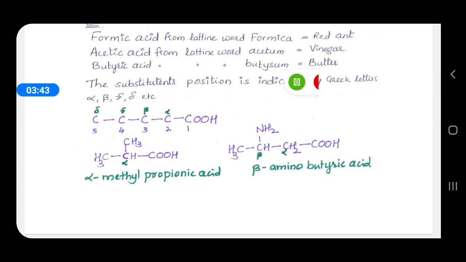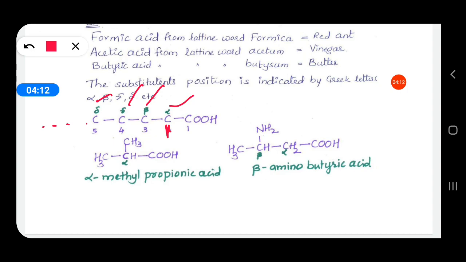This is the alpha carbon, beta carbon, gamma carbon, delta carbon, and it continues so on. If the substituent is present on the alpha carbon, then the name of the substituent with the position alpha is taken in the prefix, then the name of the compound.